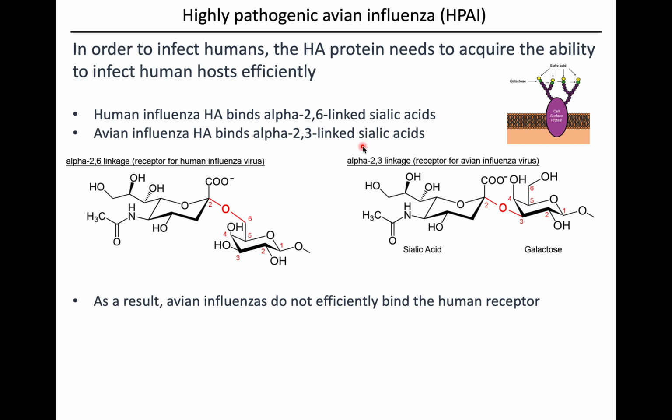And so because of that distinction, most bird flus don't efficiently bind to that human receptor, so it's much more difficult for them to just establish an infection unless you are maybe directly exposed to a very high dose by direct interaction with an infected bird.